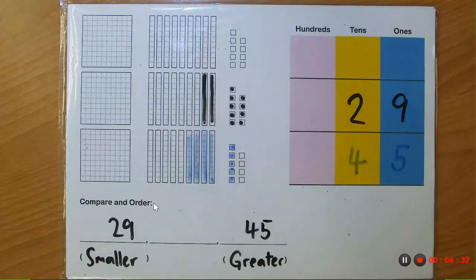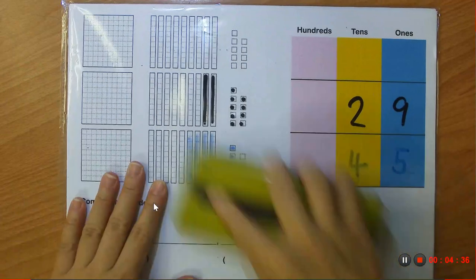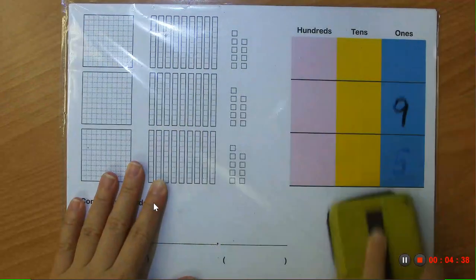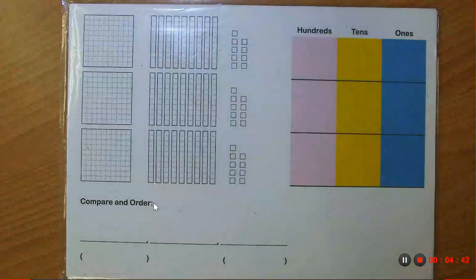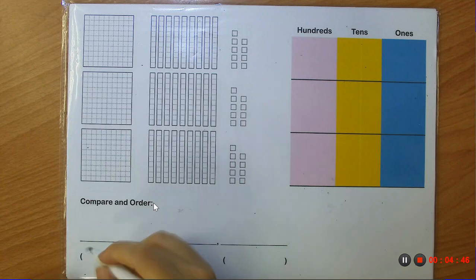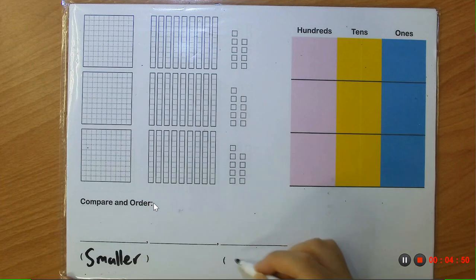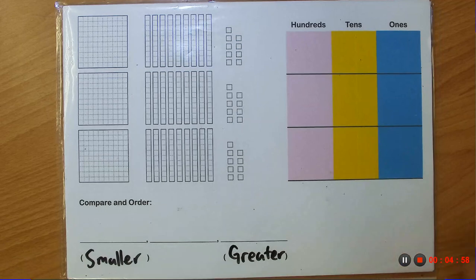Let's erase our board first. Now, I shall continue to write smaller here and greater on this side. Later we can swap them around to try out comparing and ordering in a different way.